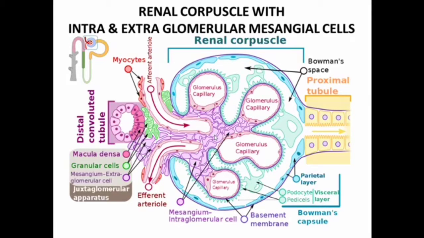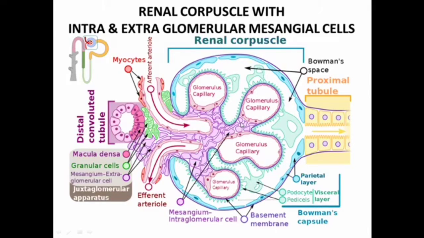They phagocytose macromolecules that get entry into this space, and they also phagocytose the antigen-antibody complexes. Another function is to provide the structural support. As you see, these are present in the center of the renal corpuscles, and these cells are responsible for the maintenance of the shape of the renal corpuscle. So these cells are providing the structural support.